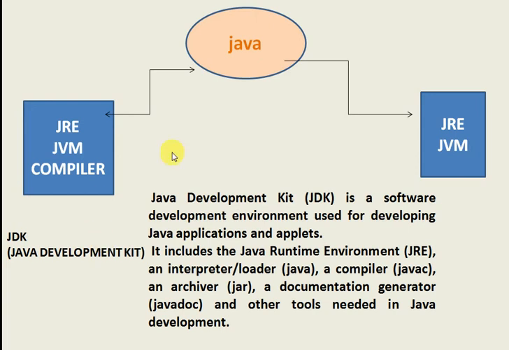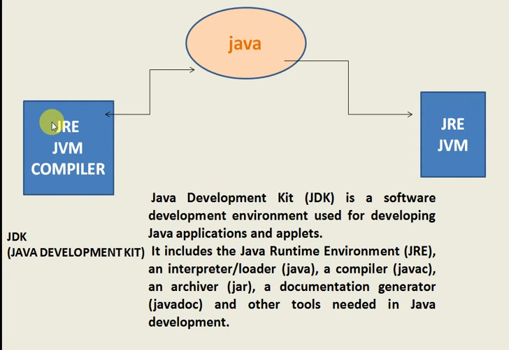So here the toolkit is JRE, JVM, compiler, and the Java compiler. In simple terms, JRE contains the JRE and JVM. JRE means Java Runtime Environment, JVM is Java Virtual Machine, and the compiler is the Java compiler, javac. So this is the collection of JDK, which I have already installed in previous videos.